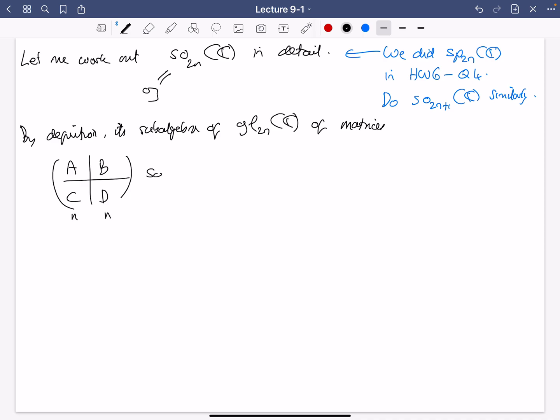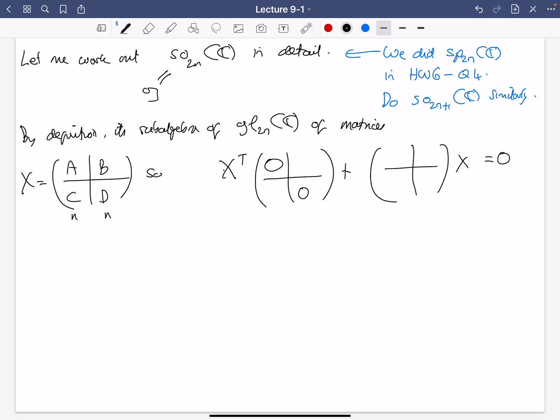Let's call that matrix X for short, and I want X transpose times J_n X equals 0, where this is the gram matrix of the form, and this is where I go back to this choice of form that we made long ago. So this is my symmetric non-degenerate matrix. J_n here is not the identity matrix, it's the one down the other diagonal.